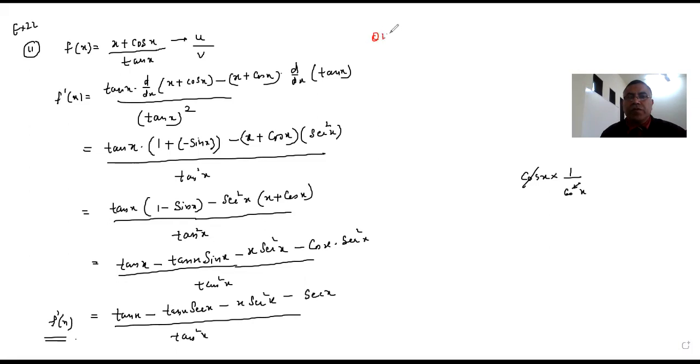After that, I will solve question number 17 of the exercise. f(x) is equal to (sin x plus cos x) upon (sin x minus cos x), only, not 1.